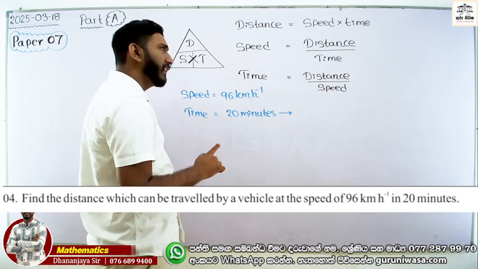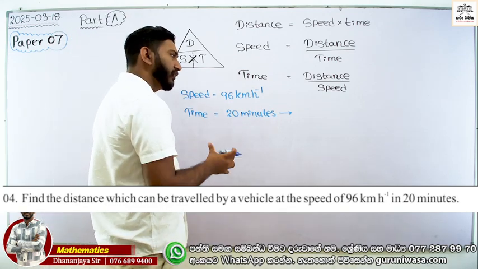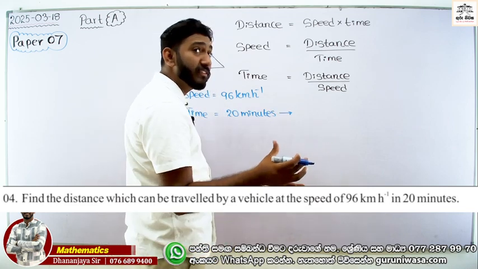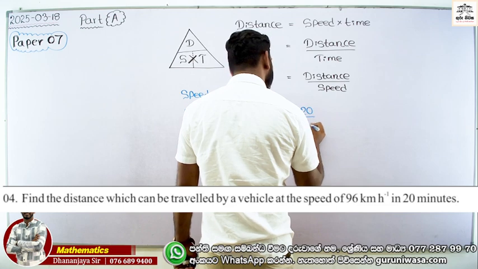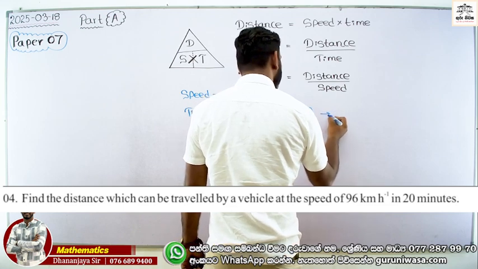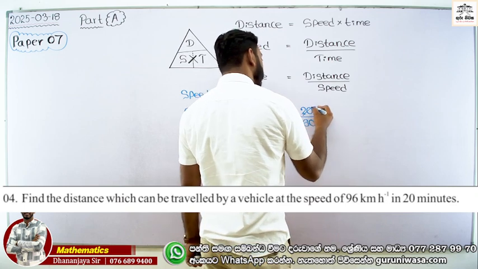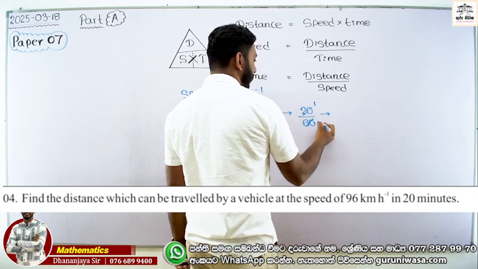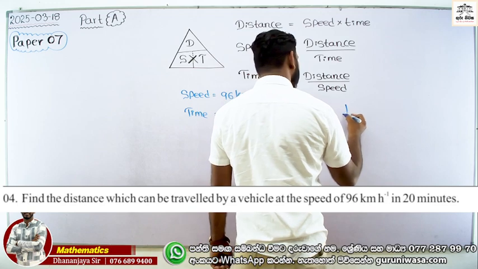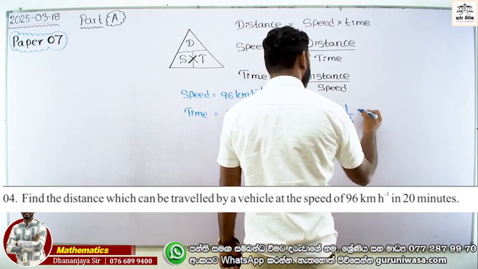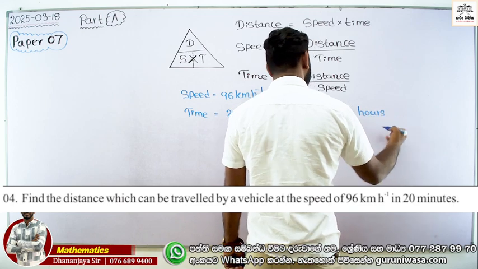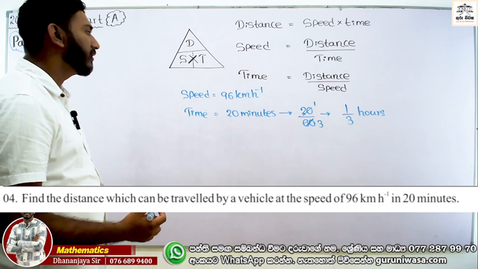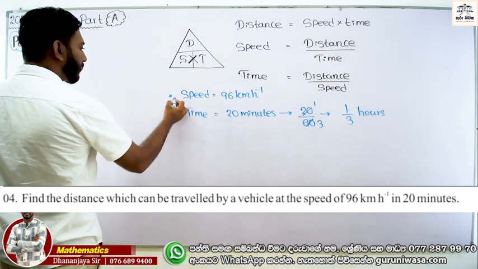Therefore, to change minutes into hours, divide by 60. So 20 divided by 60: 20 times 1 and 20 times 3, and the answer is 1/3 hours.